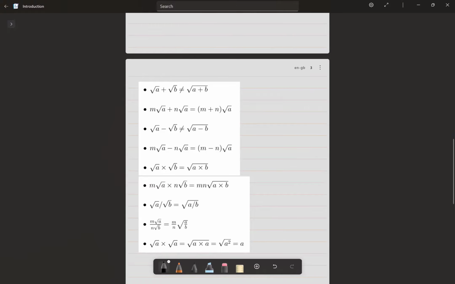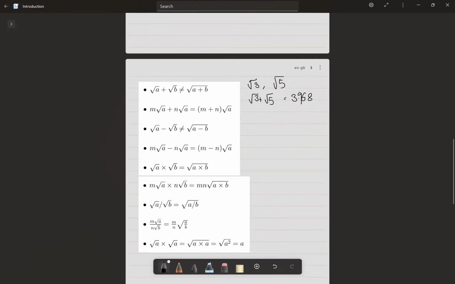So a and b here, let's say instead of root a and root b, we have root 3 and root 5. So for the first formula, we have root 3 plus root 5. If you put root 3 plus root 5 in the calculator, the calculator gives you 3.968.